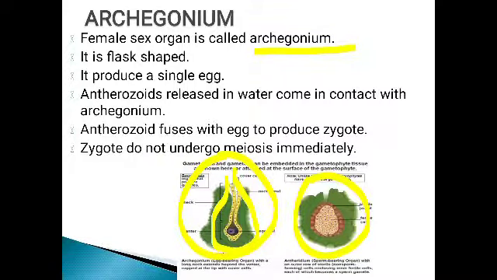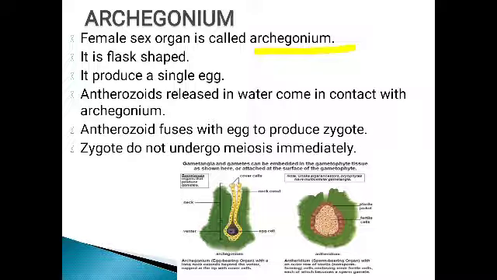Inside that flask shaped archegonium, we can see at the base an egg is present. So only one egg will be produced in each archegonium. So here the purple colored structure, that is what? The egg.